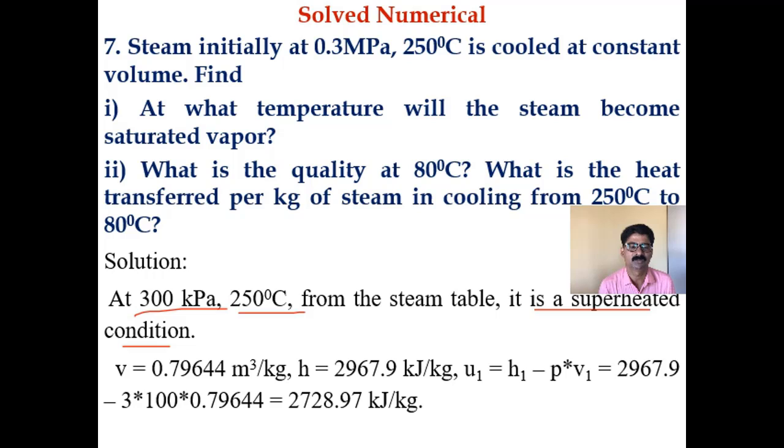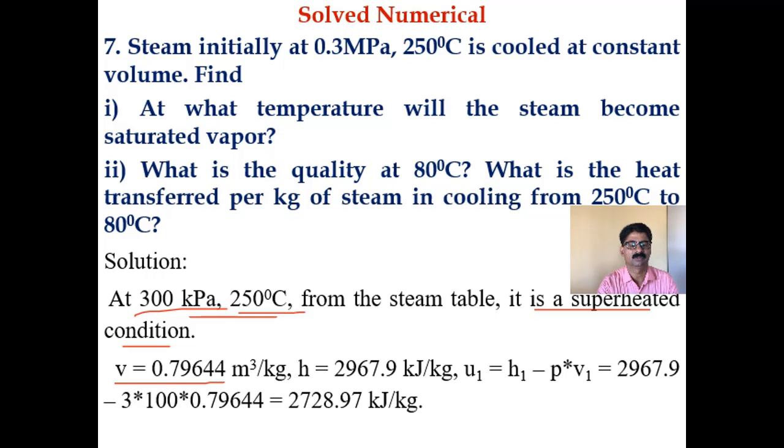That saturation temperature is below 250 degrees Celsius, which means the actual temperature is more than the saturation temperature, so the steam is superheated. Once you find that the steam is superheated, go directly to the superheated steam table A3. There, the combination of 300 kilopascal, 3 bar and 250 degrees Celsius is directly available, so you can open the book and check.